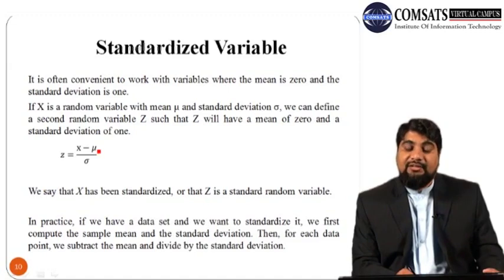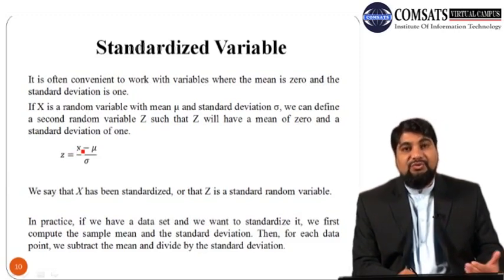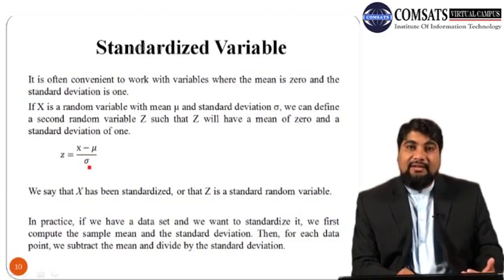So subtracting the mean means we are subtracting this mean of x from each observation of x. In other words, we are shifting the mean to 0, and then we divide this full expression, x minus mu, by sigma. So we are scaling this variable with respect to standard deviation sigma.